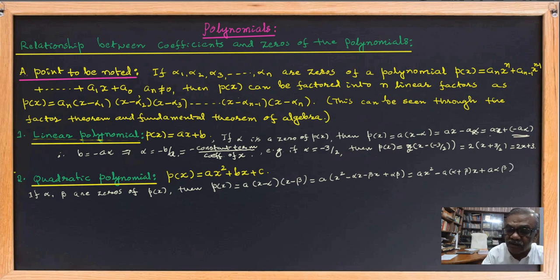Comparing these coefficients of x square, x and the constant term, we get minus a into (alpha plus beta) is equal to b, and a into alpha into beta is equal to c.